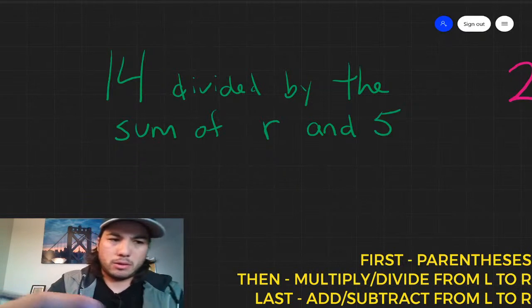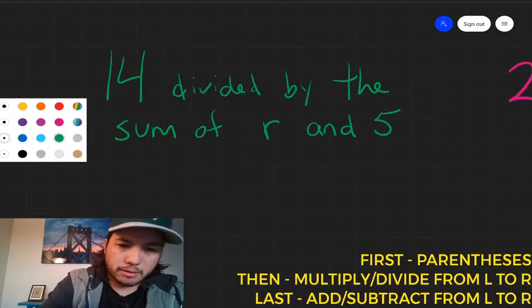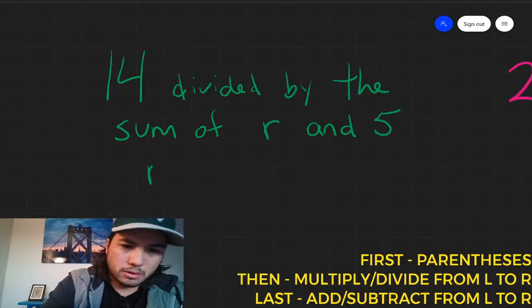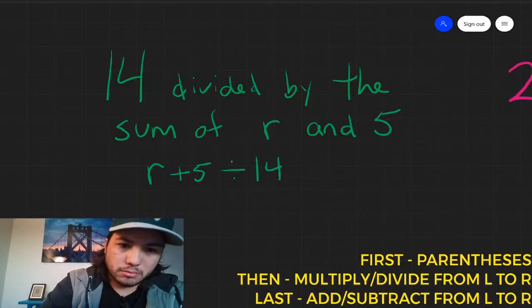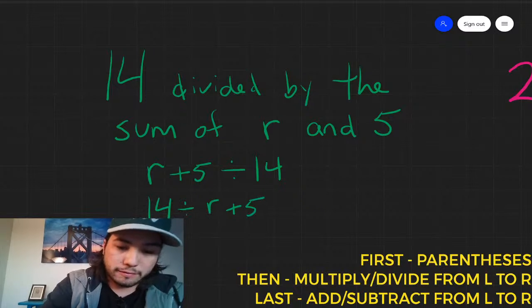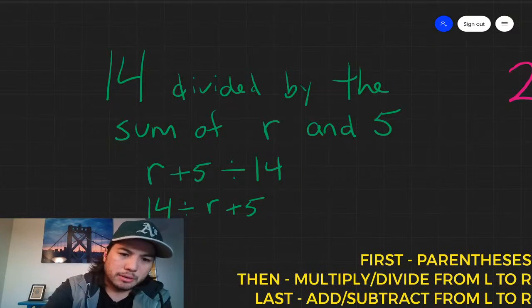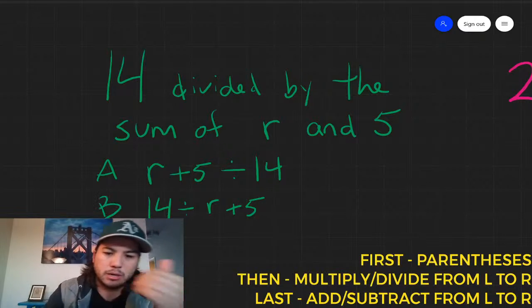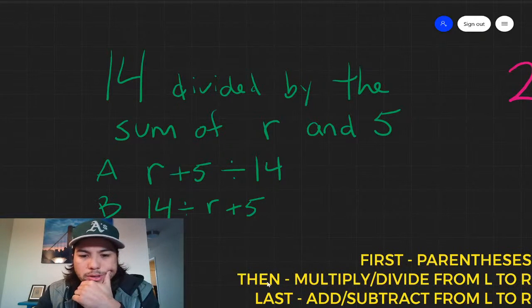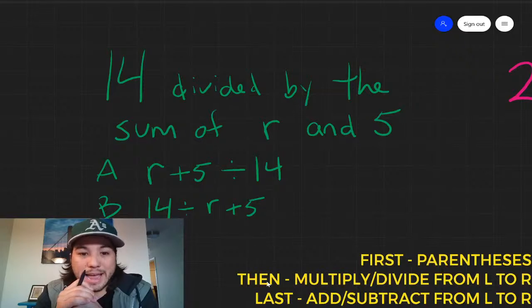You could have r plus 5 divided by 14, putting it at the end, or 14 divided by r plus 5. Which one of these, option A or option B, is the computational sentence asking us to use?